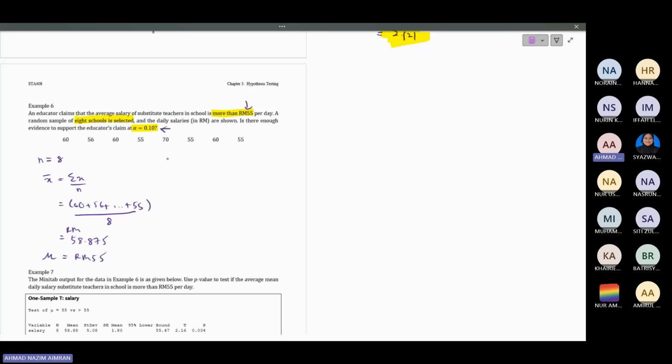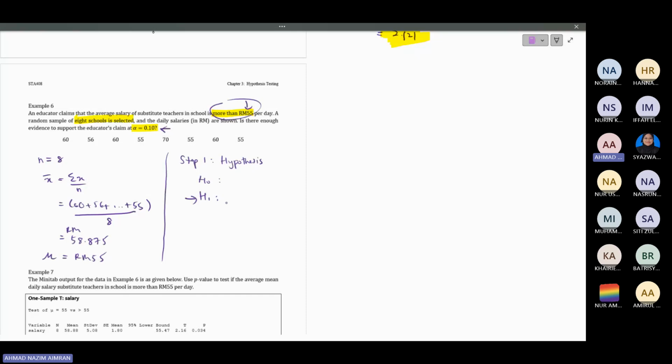So again, just use the test statistics procedure. Step 1 is to write the hypothesis, which is H null and H1, null hypothesis and alternative hypothesis. Again, what is mentioned in the question is the alternative hypothesis.